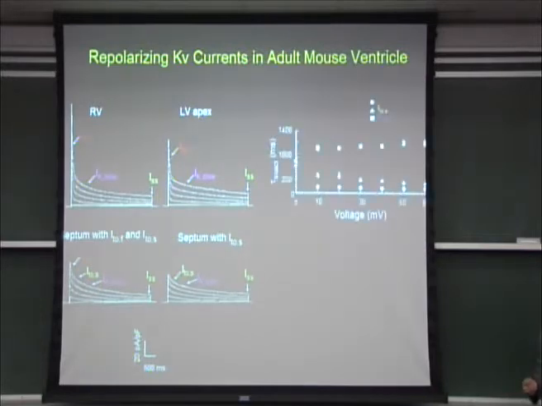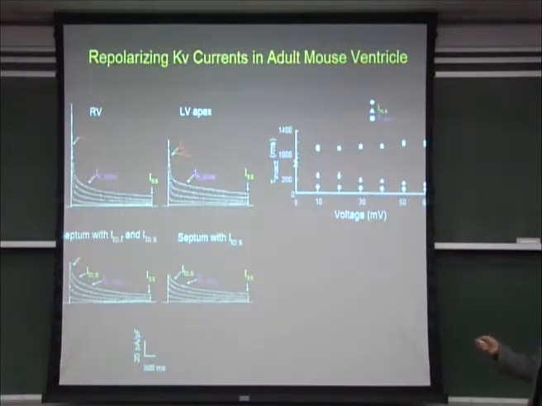So there's several important things that came out of these. One is that these currents are quite distinct in terms of the rates of inactivation. So the fast transient currents inactivate very rapidly, fast time constant. The slow transient current, the inactivation is about 5 or 6-fold slower. These are these rates here.